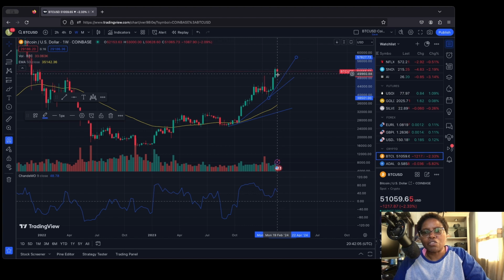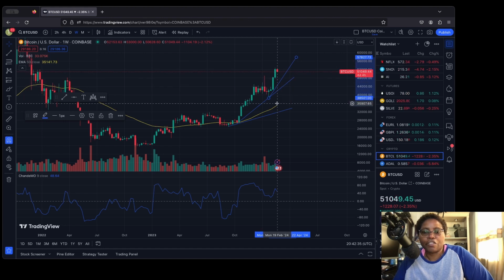What a tweezer top means is we have two candlesticks that have wicks up top, and the body is usually long. This is a long body here, but this body here is still in the making because it's the middle of the week, but this is by itself kind of like a hammer.